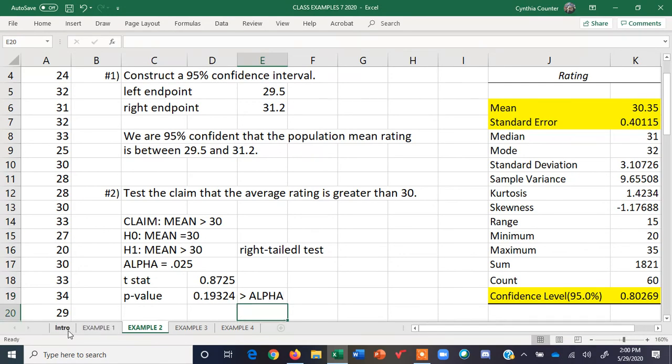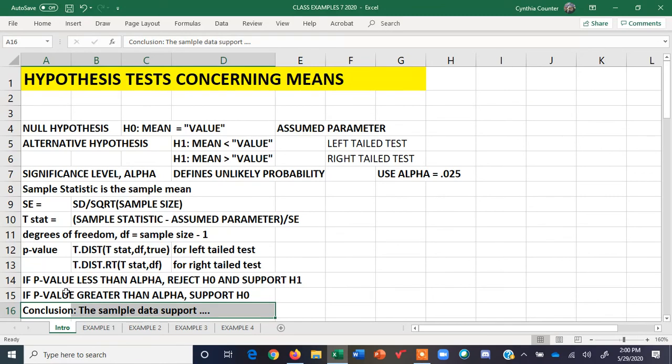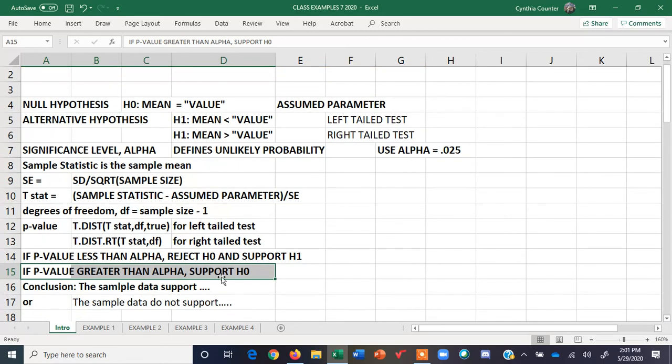If we go back to the intro here, notice if your p-value is greater than alpha, you do not reject the null hypothesis, or we'll just make it simple and say we support the null hypothesis. And since the null hypothesis is not our claim, the sample data do not support our claim.